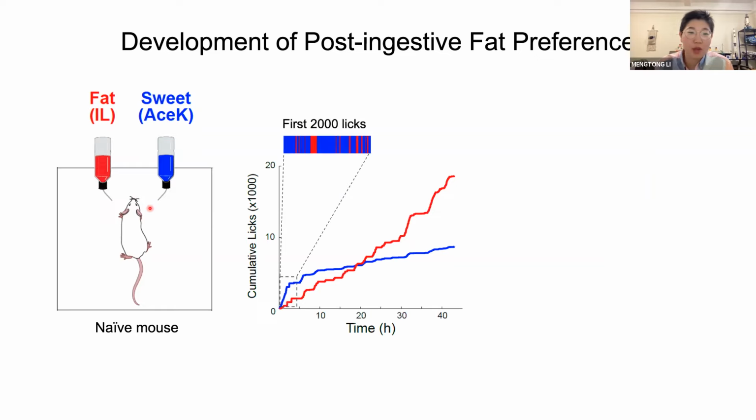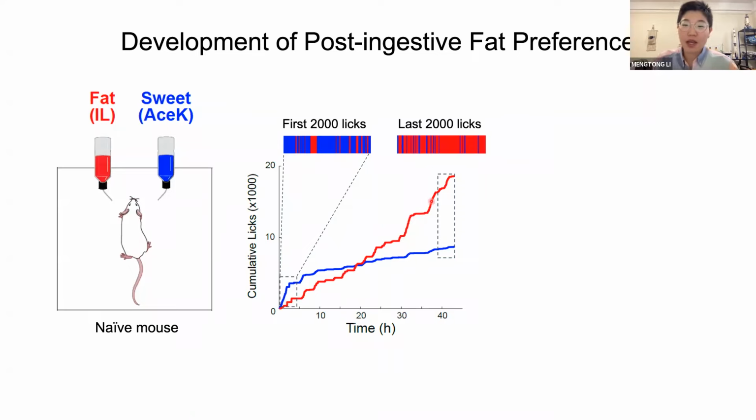We make artificial sweetener more attractive. At the beginning, the mouse licks a lot from the bottle containing artificial sweetener, shown in blue. However, after 40 hours of exposure, the mouse switches its preference to fat, overriding the innate attraction to sweet.